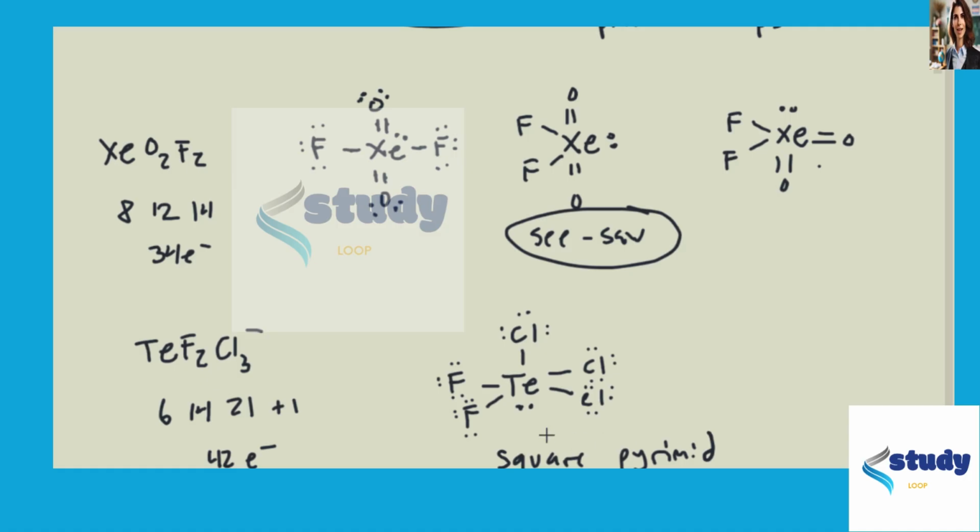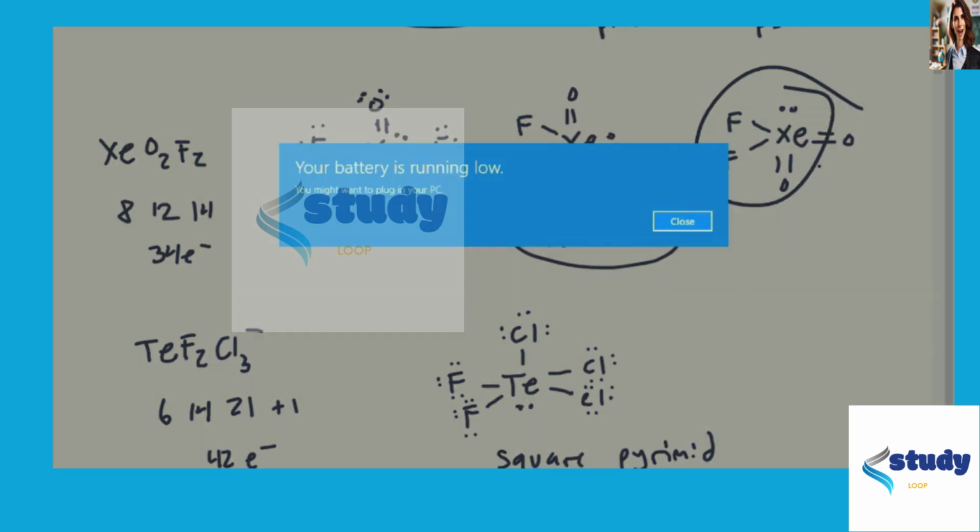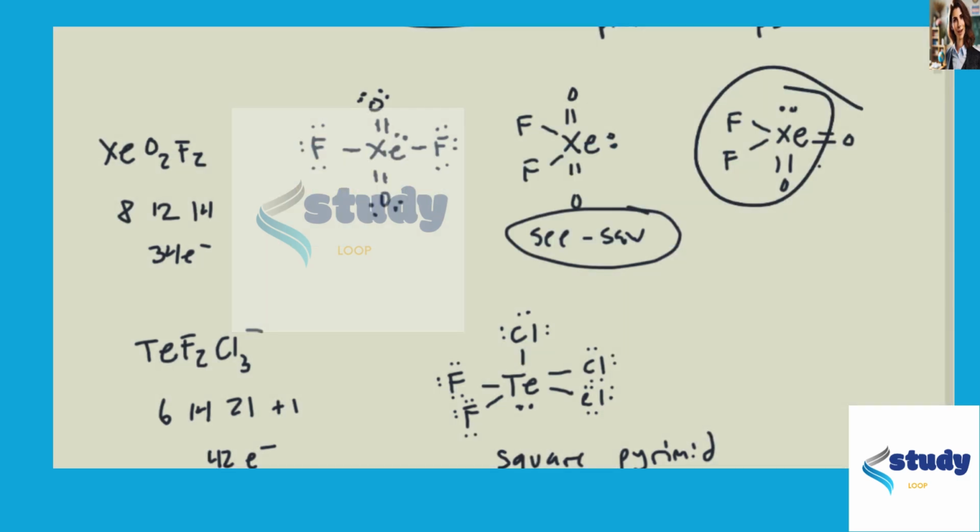You could come up with another unnamed one like we did up here, but that's not necessary in this particular case. And so that is how you determine the structure of these different compounds and predict their different geometries based on whether you put the lone pairs in axial positions or equatorial positions.